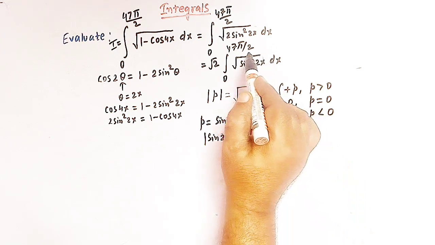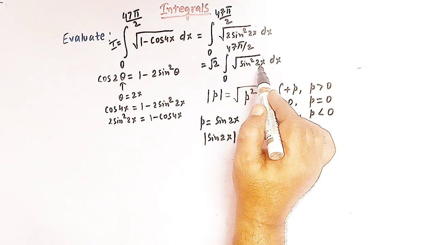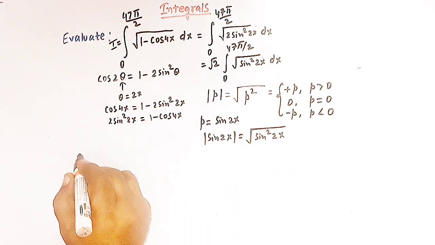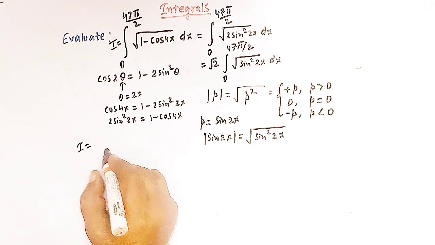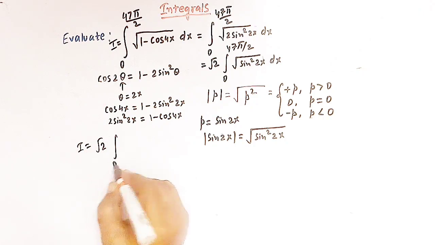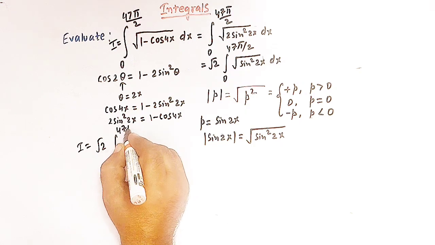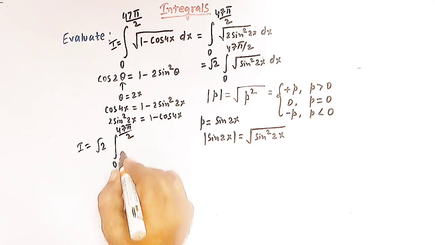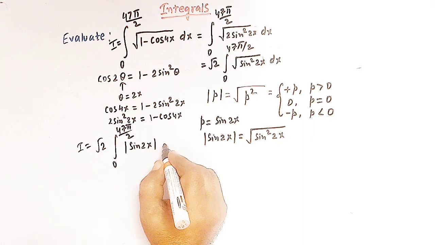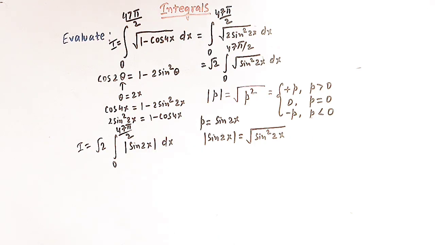So let us replace square root of sine square 2x by mod sine 2x. So now our integral assumes the form square root of 2, and limits are from 0 to 47 pi over 2, and here we have mod of sine 2x dx.